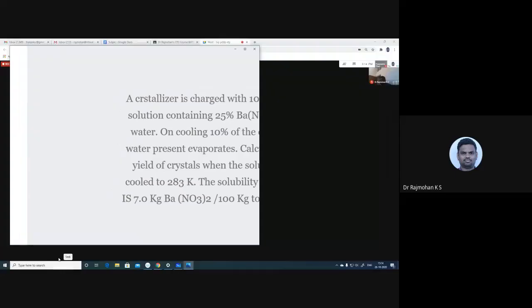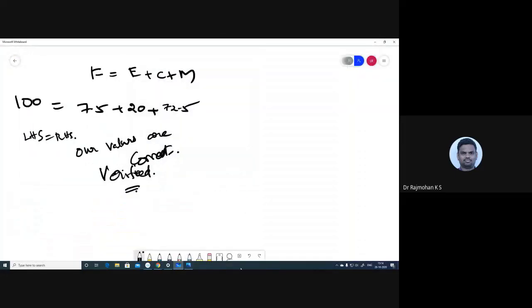We can write the answer as: amount of crystal formed at the given temperature is this much kg.